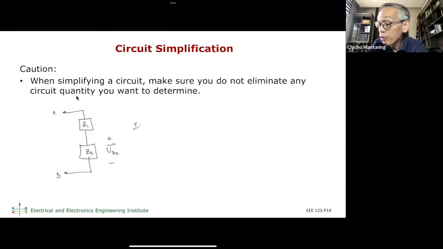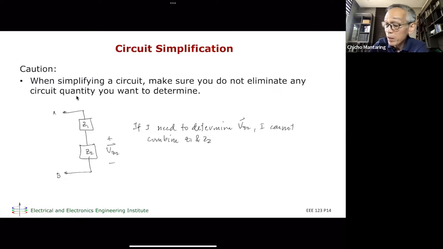So if I need to determine this V of Z2, I cannot combine Z1 and Z2.